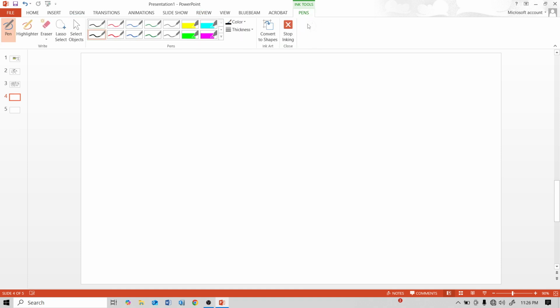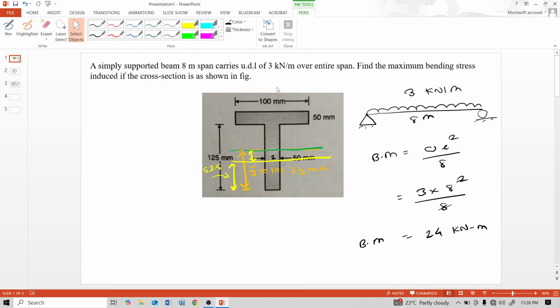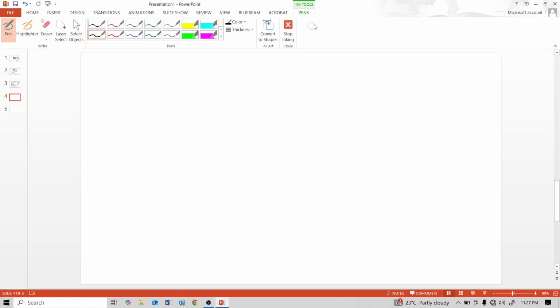Now next, the main objective of solving this numerical is to find the maximum bending stress. So use the bending or flexural equation M by I is equal to sigma by y. Sigma max is equal to M by I into y.